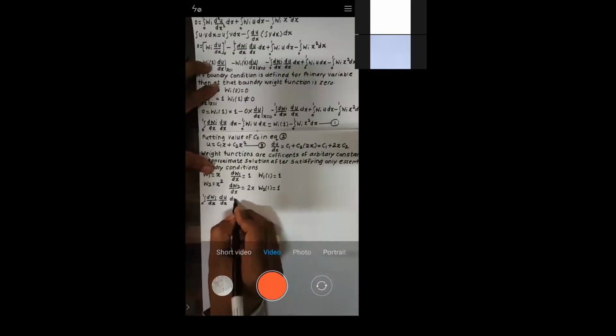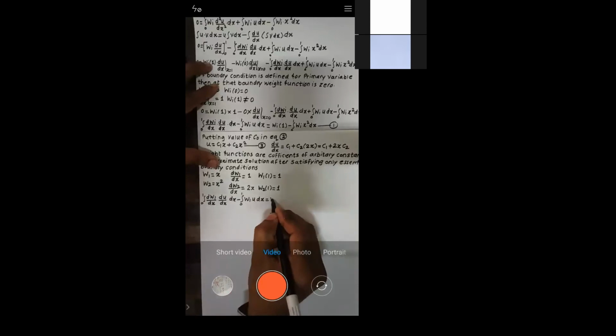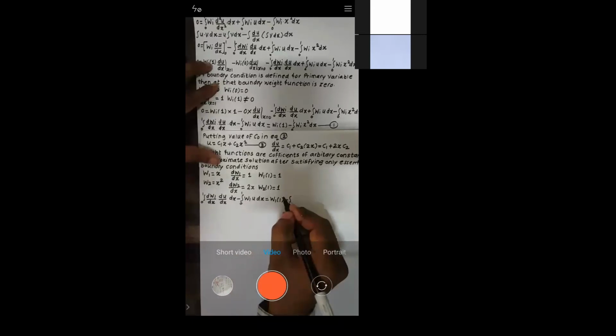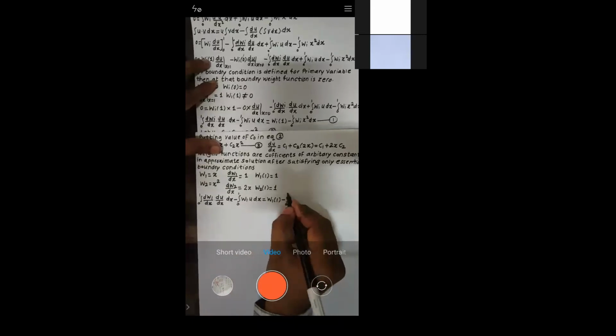So I'll write dw1 by dx into du by dx, minus integration 0 to 1 w1 into u dx, is equal to w1 at 1 minus integration 0 to 1 w1 into x square dx. Is it okay?